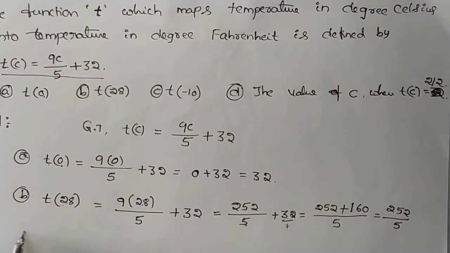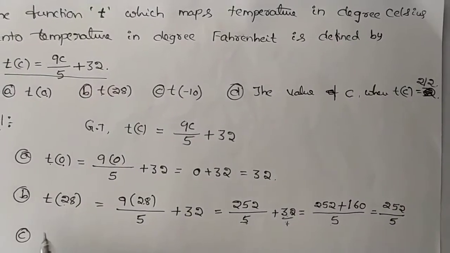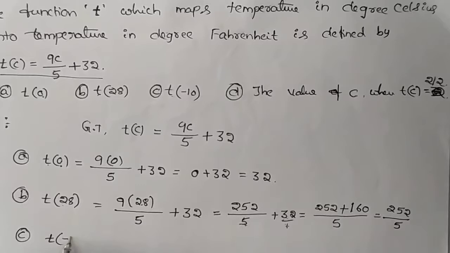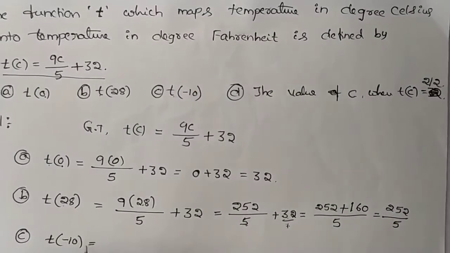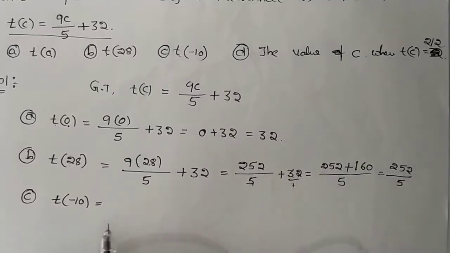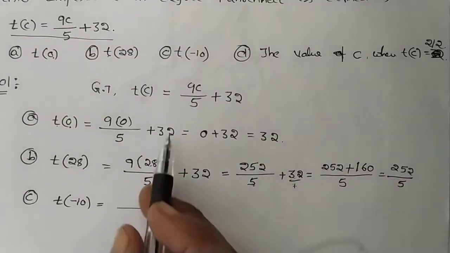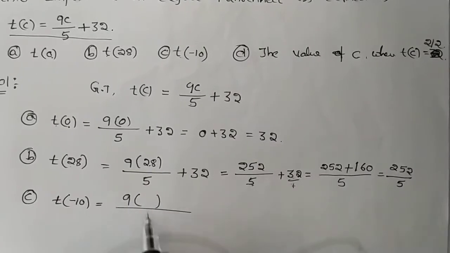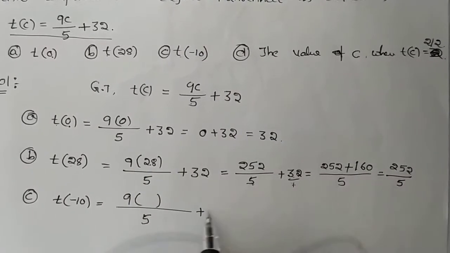Now what about C? Third one, T of minus 10. T of minus 10 equals, the given function is 9 into C divided by 5 plus 32.